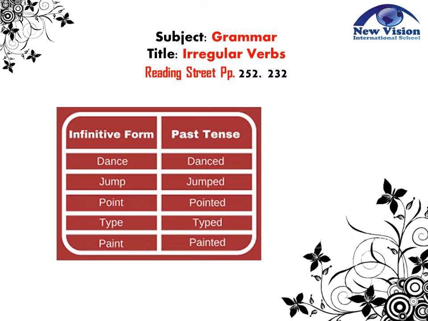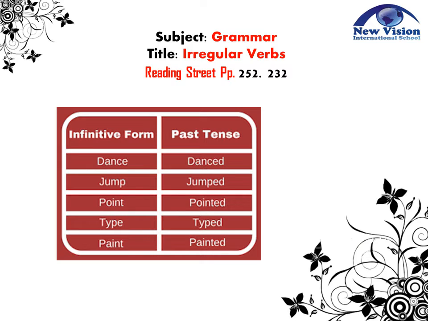But look at the second column. What's the past tense of the word dance? It's what? Danced. Jump, jumped. Point, pointed. Type, typed. Paint, painted.